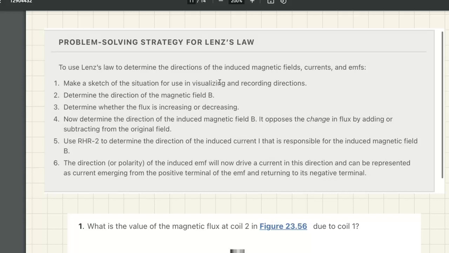Now determine the direction of the induced. If there is an increase in the flux, it is opposite to the original. If there is a decrease in the flux, they are going to be in the same direction. We are going to use the right hand rule to determine the direction of the induced current that is really responsible for the induced magnetic field.